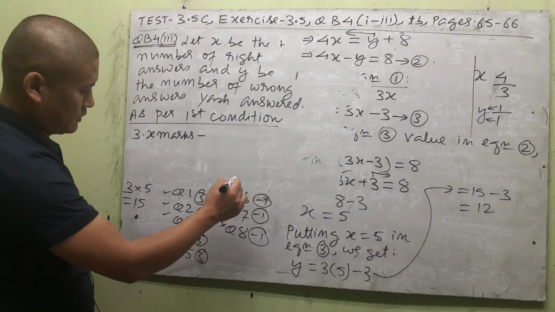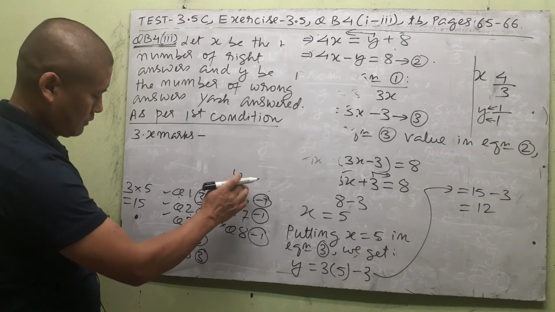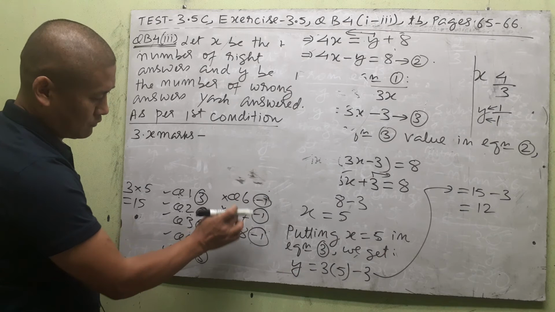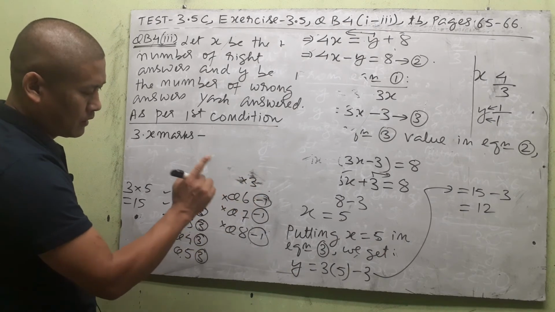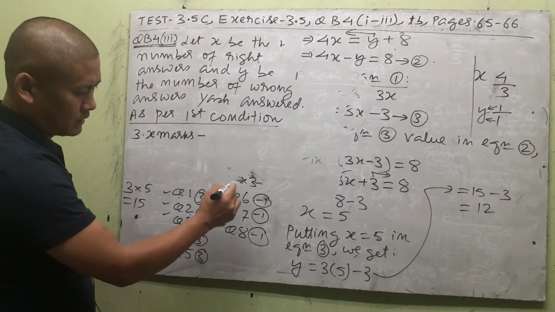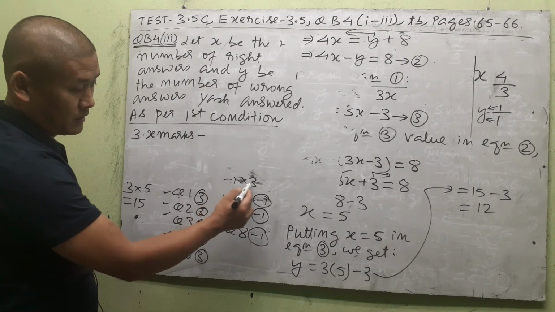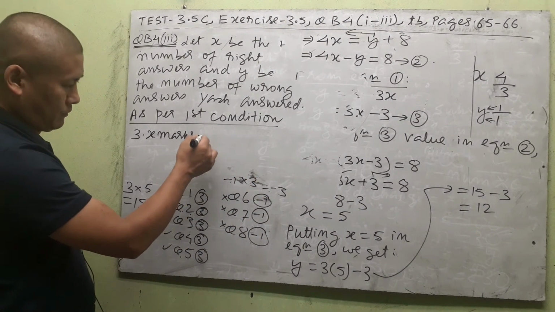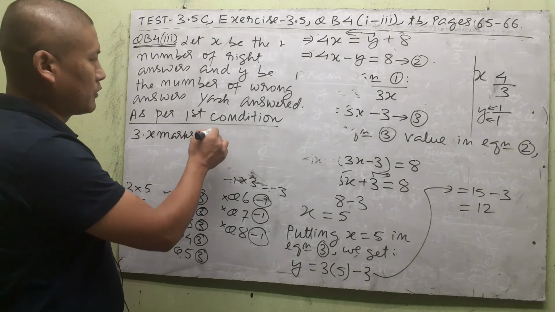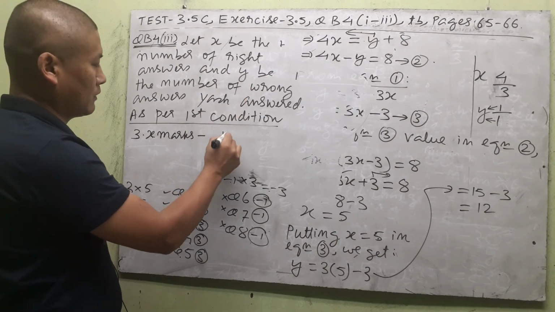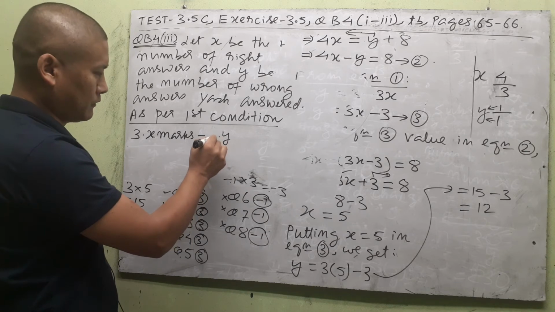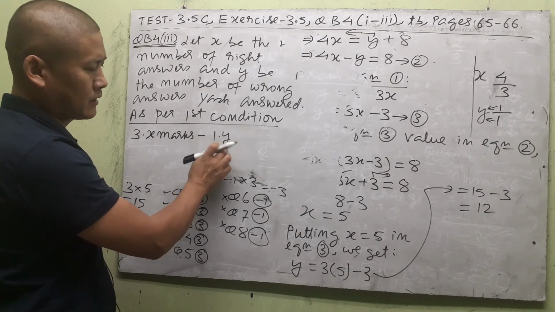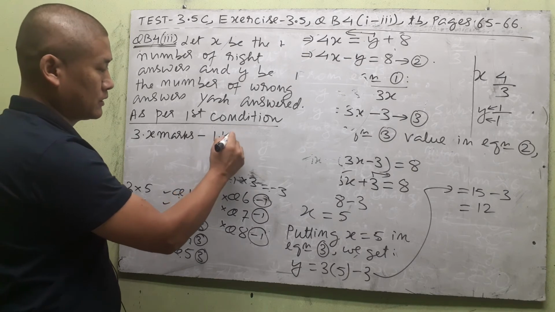Number of wrong questions, y, 1, 2, 3. Number of wrong questions into 1 mark deducted per wrong question, so minus 1. So minus 3 is going to be deducted. Likewise, minus number of wrong answers y into mark deducted for each wrong answer, which is 1. So 1 into number of wrong answers is the total mark deducted.